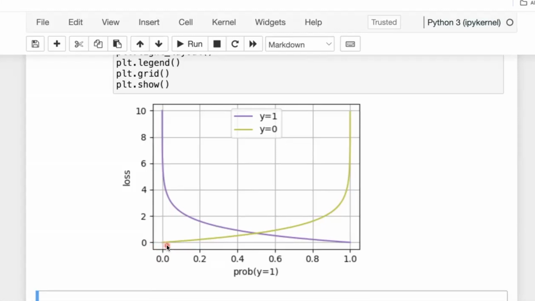But similarly in this case, if we move in the wrong direction, which is to the right, then there's a huge penalty to pay. So you can see that we have very similar behavior, except that in one case, we want this probability of y equals 1 to be as close as possible to 1. In the other case, we want it to be as close as possible to 0 because the data point actually belongs to y equals 0.